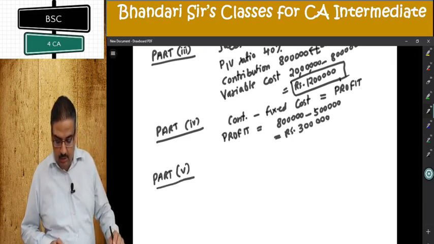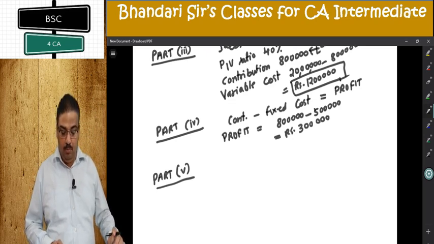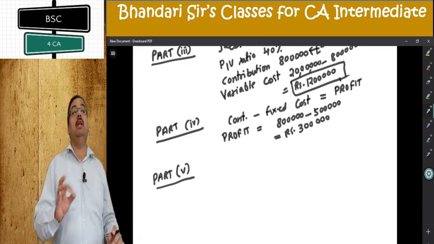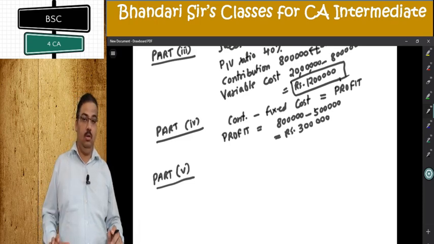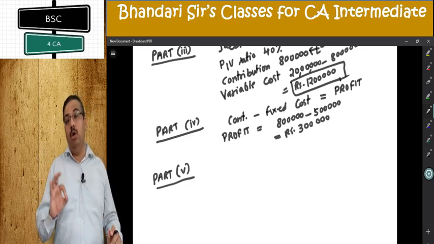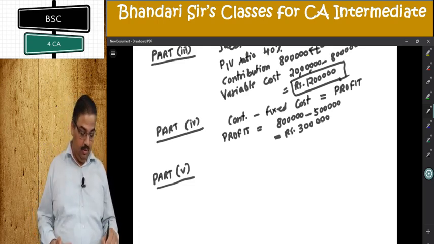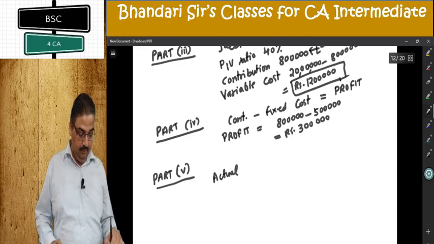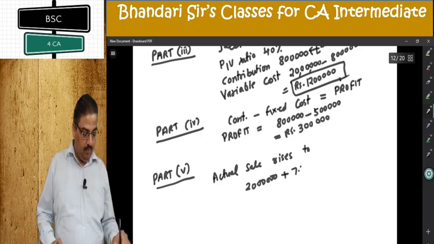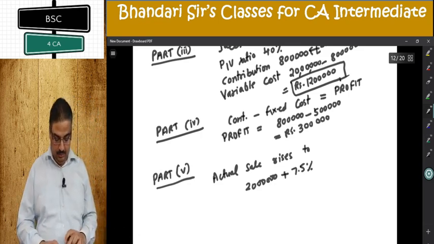He says new margin of safety if sale volume is increased by 7.5%. Now, if sale quantity increases, volume increases, break-even point remains same. Actual sale amount will also increase by 7.5%. So, actual sale rises to 20 lakh plus 7.5%.